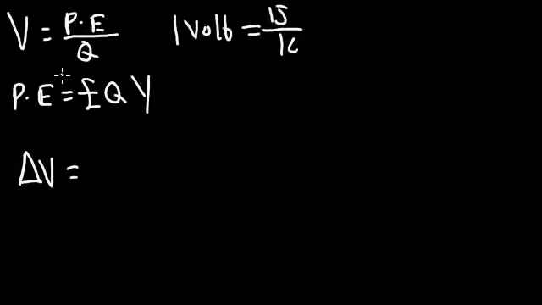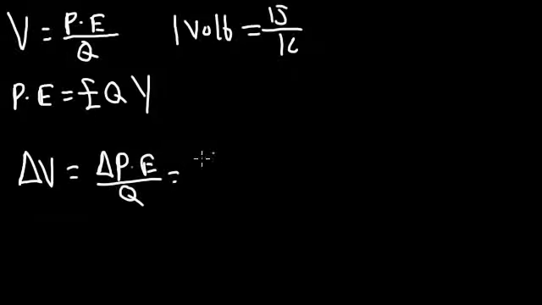As the position of the charge changes from one point to another in an electric field, its electric potential energy will change. And as a result of this, its electric potential will also change. So therefore, the change in electric potential is simply the change in potential energy divided by Q.